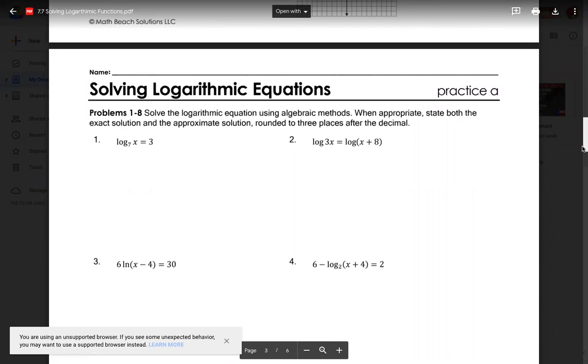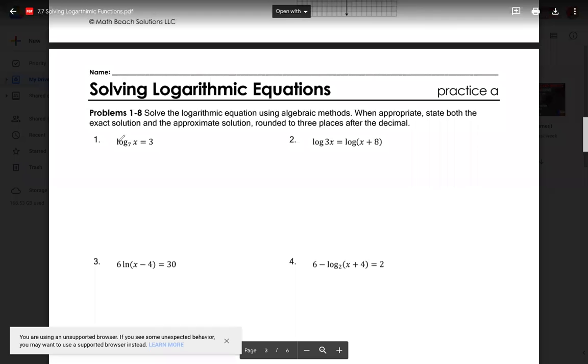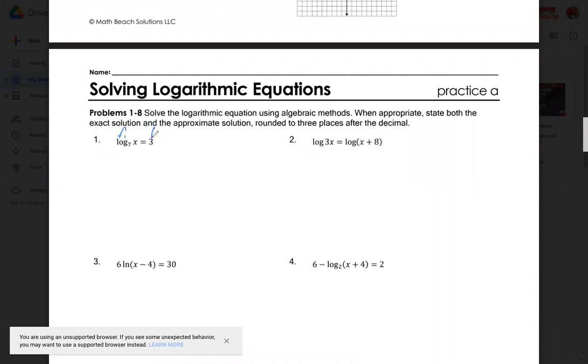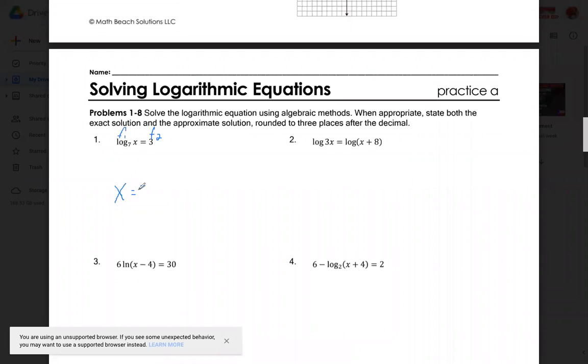There's no log on both sides, so this is where you would do function 1 and function 2. You're probably going to have to zoom out quite a bit on this one, and then you should have gotten x is equal to 343.